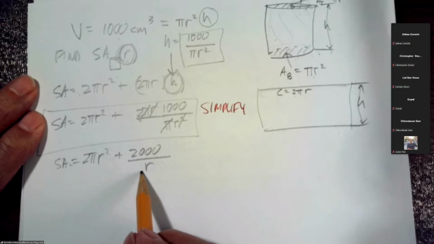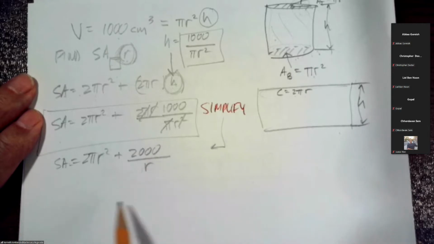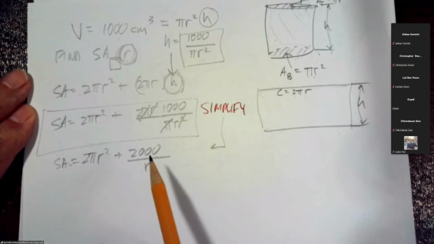So is there any further simplification we can do here, or does that look like that's it? Anything further we can do here? Looks good to me, Professor. Anybody else? Can we factor out the 2?